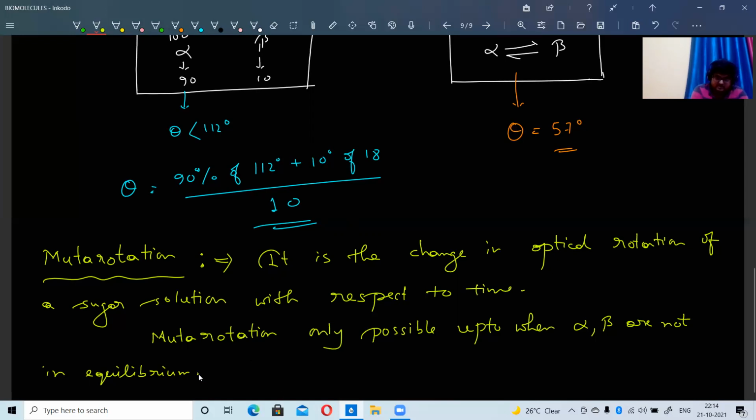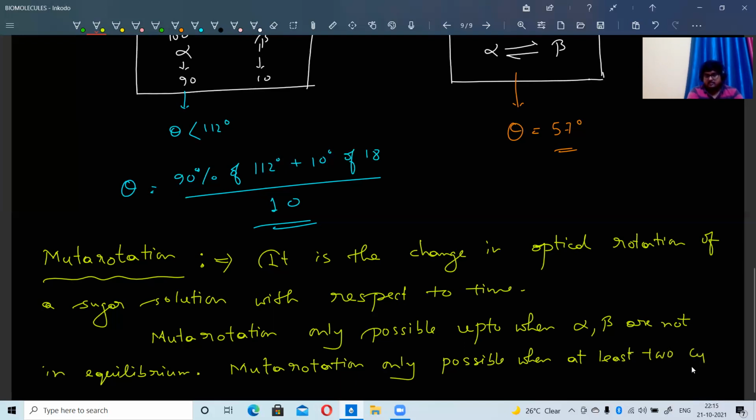So just write down: mutarotation is only possible when at least two cyclic forms are possible. Okay, so that is about mutarotation.